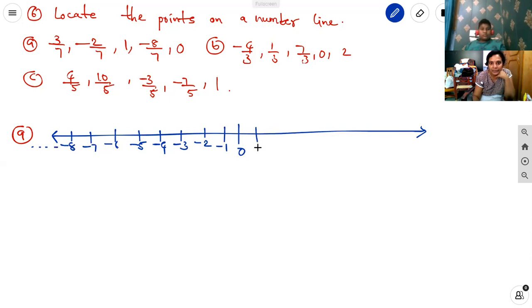The right side 1, 2, 3, 4, 5, 6, 7, 8, 9, 10, like that. Here observe, in the denominator, 0 and 1 are integers, the remaining are fractions, all having 7. So each and every number is divided by 7.